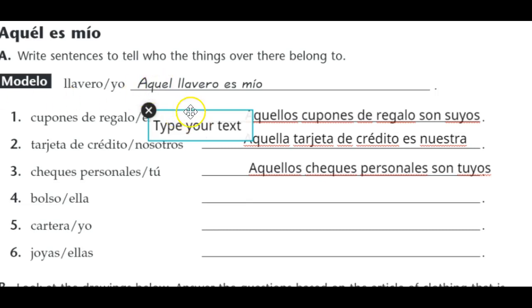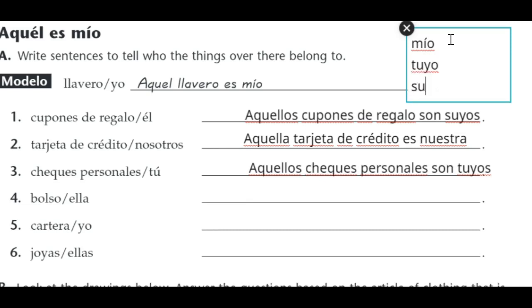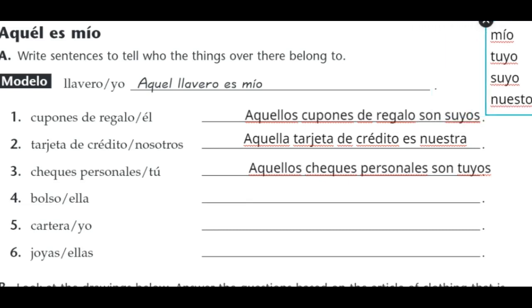We have them all. We have mío. And of course, it could be feminine mía, and then plural, míos and mías. We have tuyo, we have suyo, we have nuestro. And that's actually all the options we have.